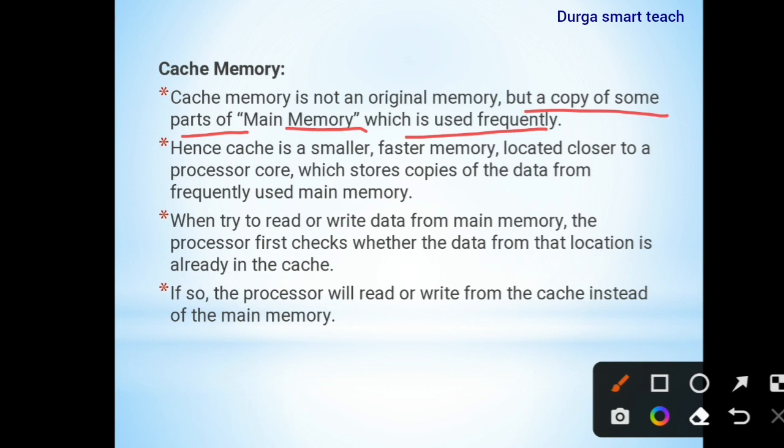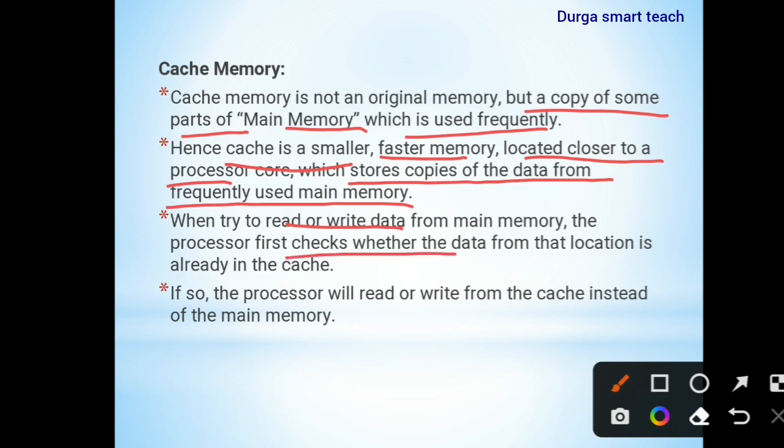Cache memory is smaller, faster memory located closer to the processor, which stores copies of frequently used main memory data. When we try to read or write data from main memory, the processor first checks whether the data from that location is already in the cache.